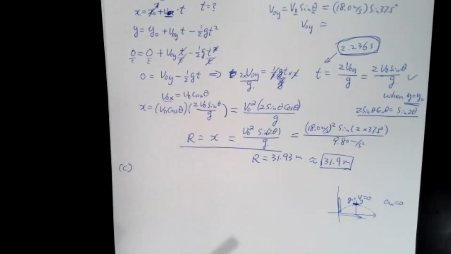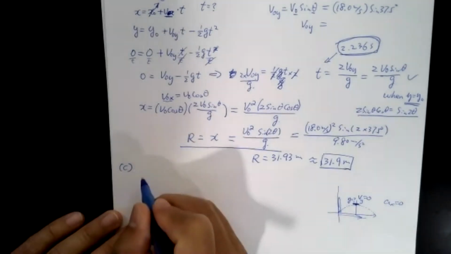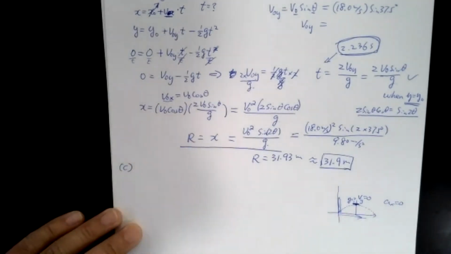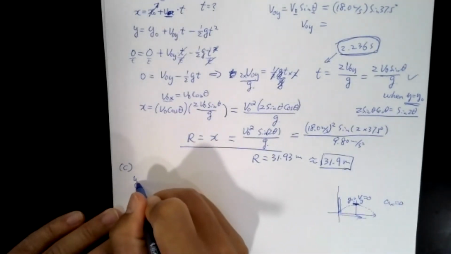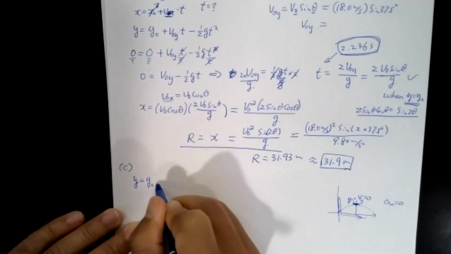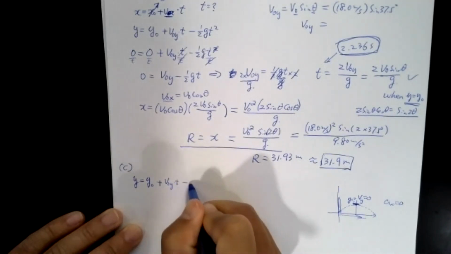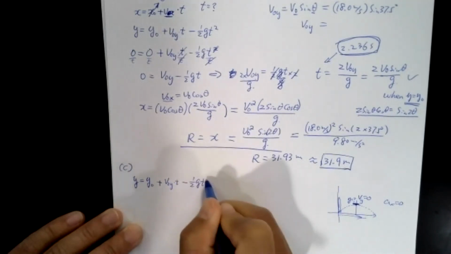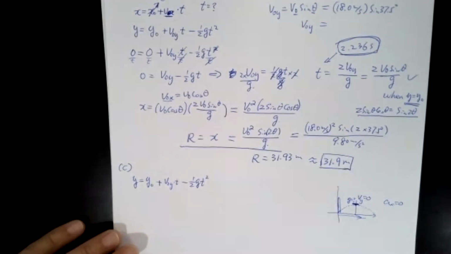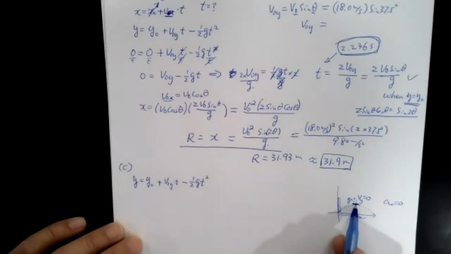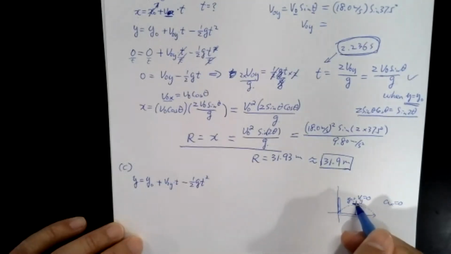All right. So if you are looking for y here, you'll be checking the equations of motion in the y direction. You might figure out that this is the equation you want to use, similar to the one we just used earlier, okay? But this time, when the object is at the high point, it's exactly at half of its flight.